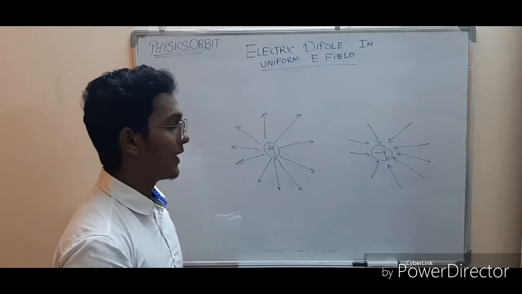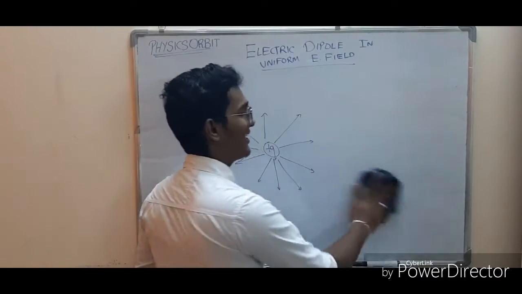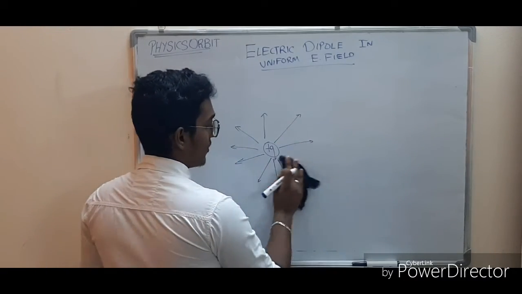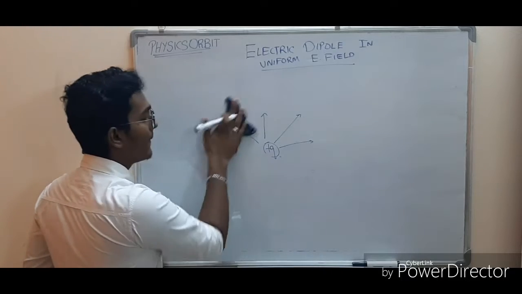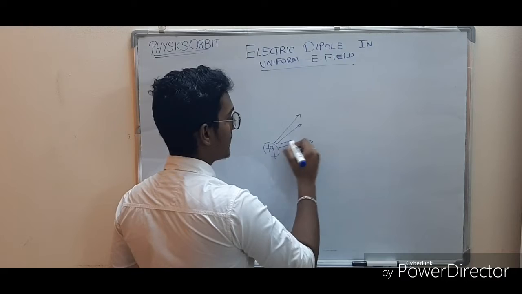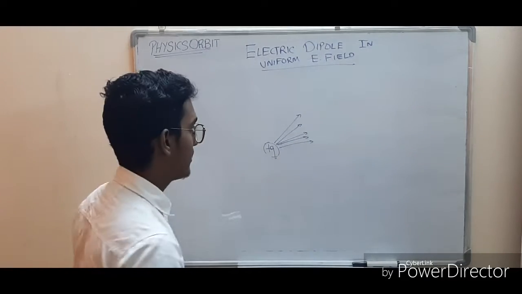Now let's take any one of these diagrams so that you'll understand why this is not a uniform electric field. Let's take only this segment because it's symmetric. If you look at this part, this is how the electric field lines are.